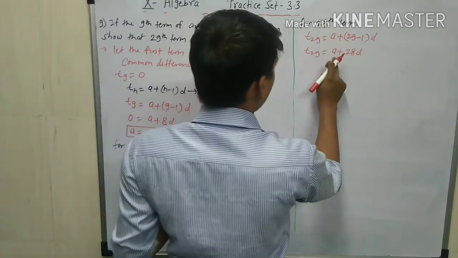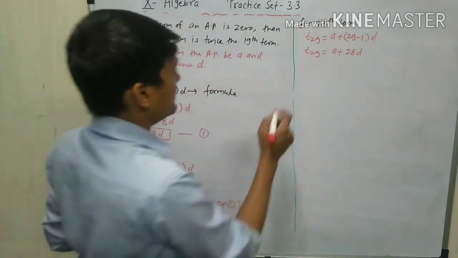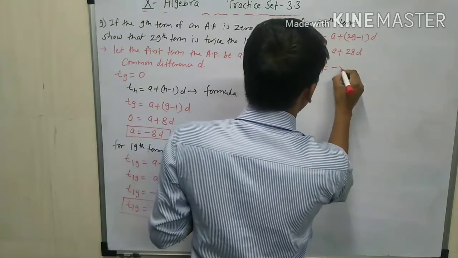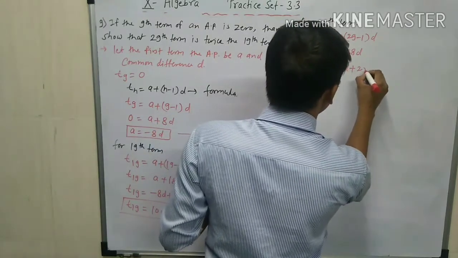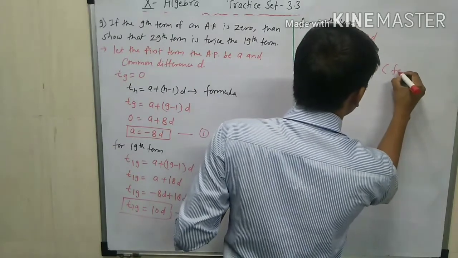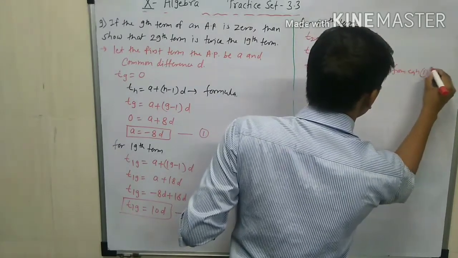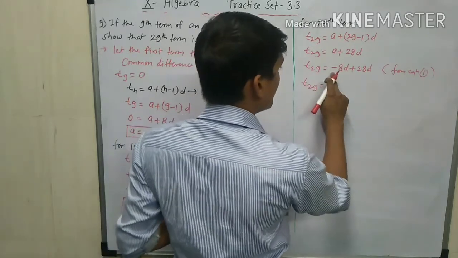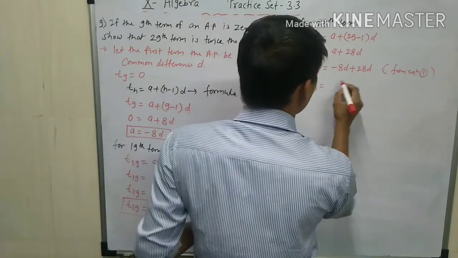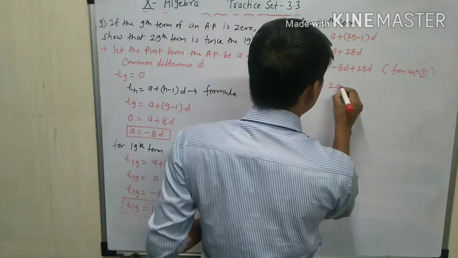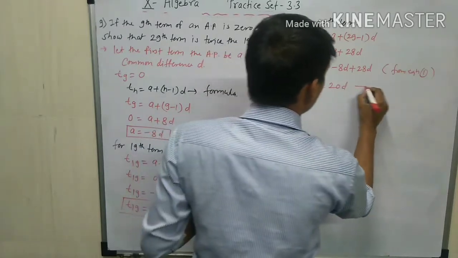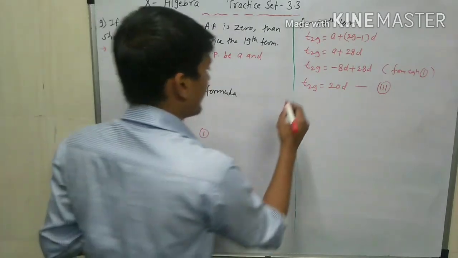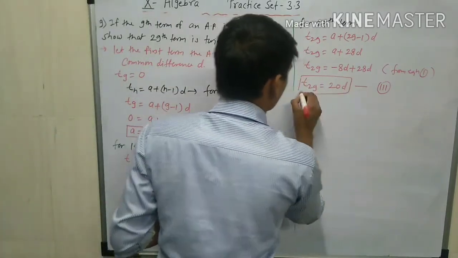Now put the value of a. A is -8d. We can write T29 = -8d + 28d from equation 1. Now T29 = -8d + 28d is equal to 20d. This is your equation number third. This is your equation number second.